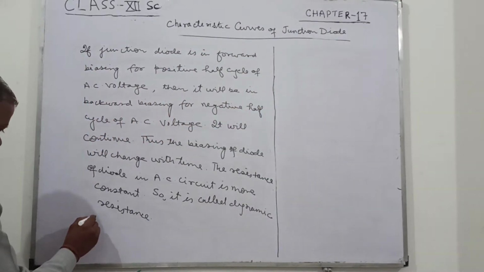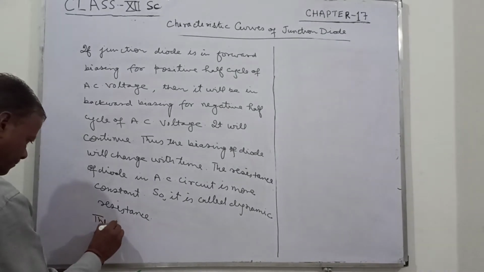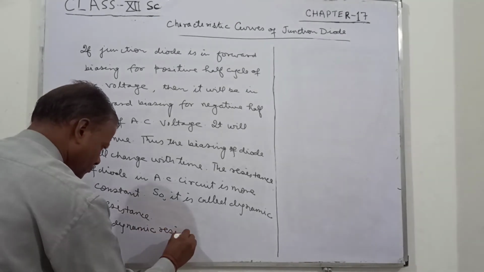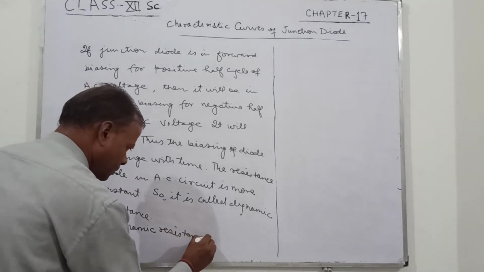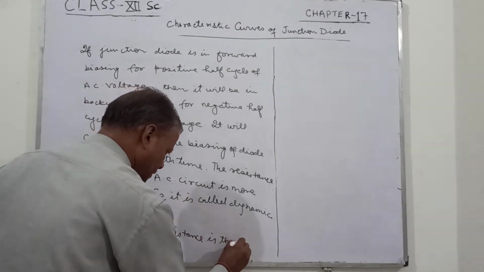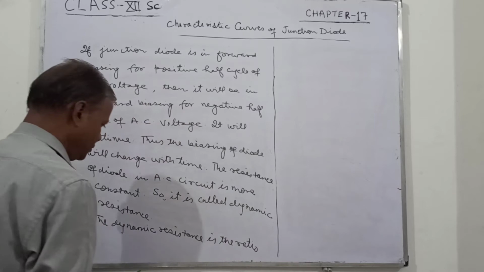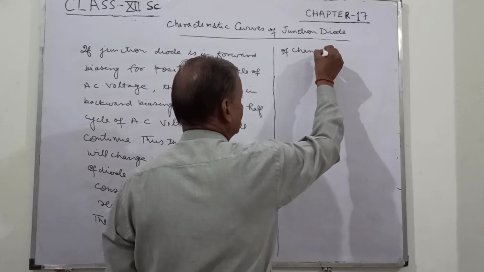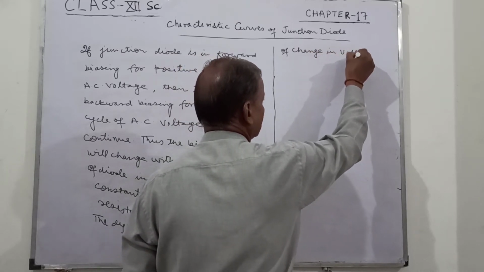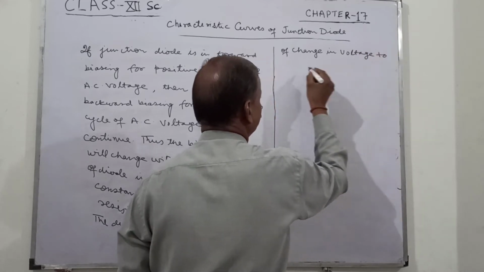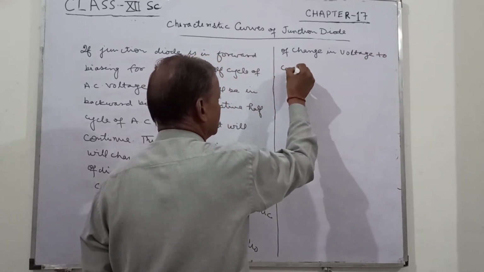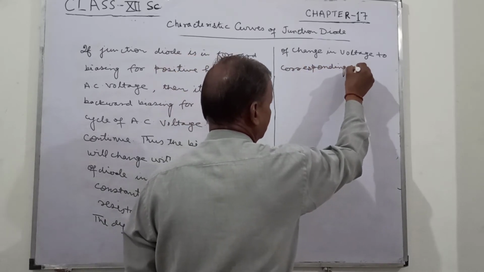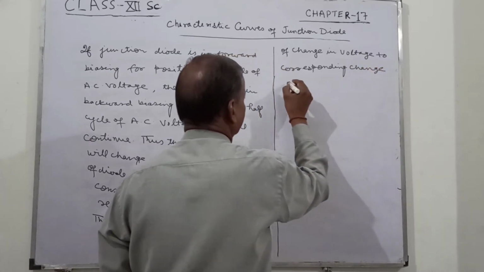The dynamic resistance is the ratio of change in voltage to the corresponding change in current.